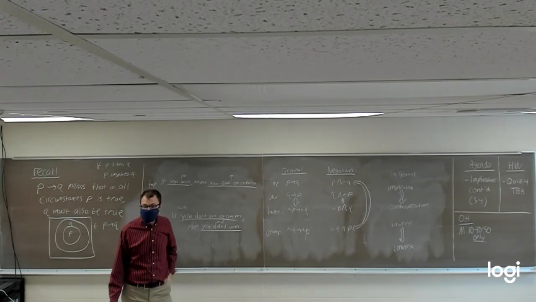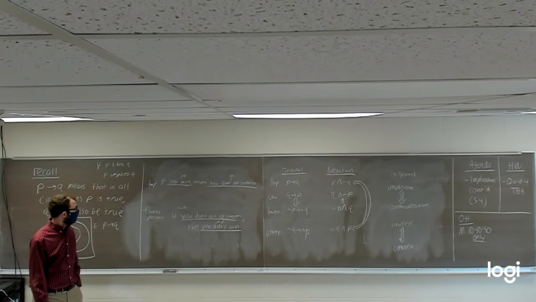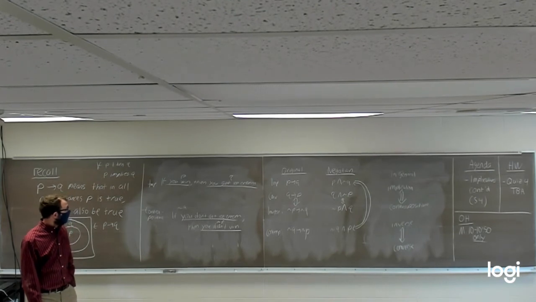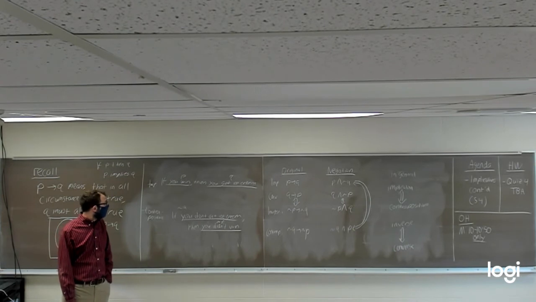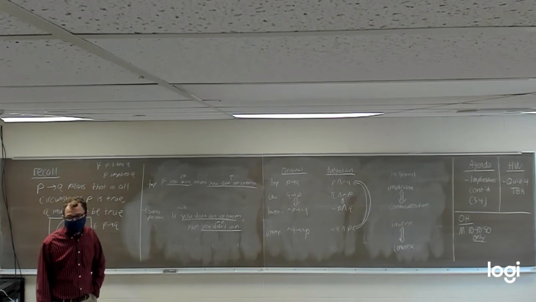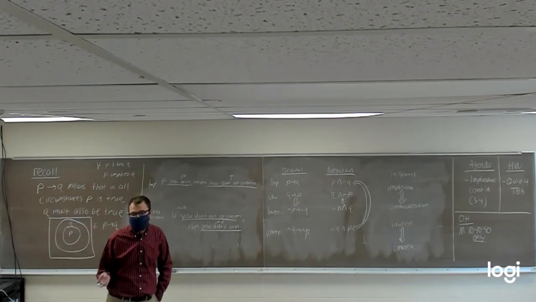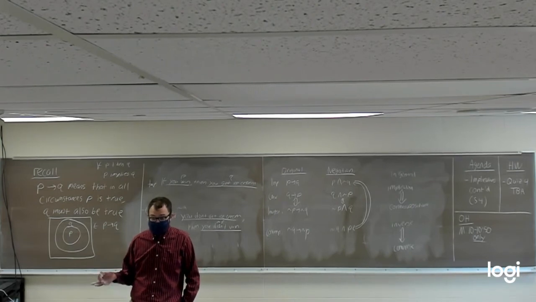Yes? Couldn't you get ice cream without winning? Can you get ice cream without winning? So that would be a Q and not P? Q and not P is totally okay. That would be like scenario number 3 from the ice cream winning scenario that we talked about, a situation where you didn't win, but you still got ice cream.